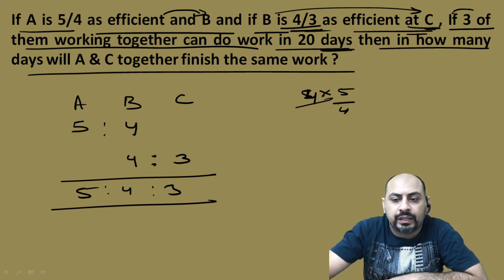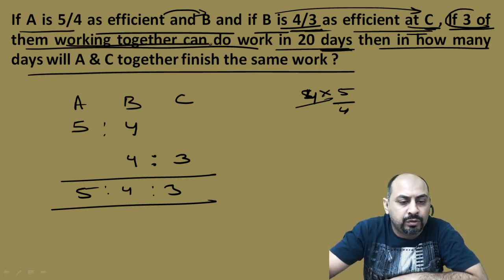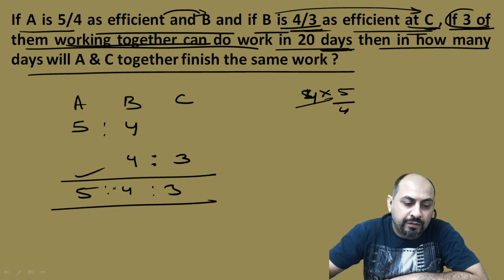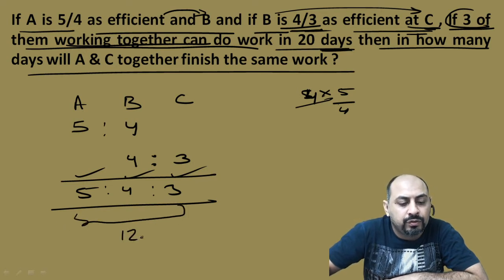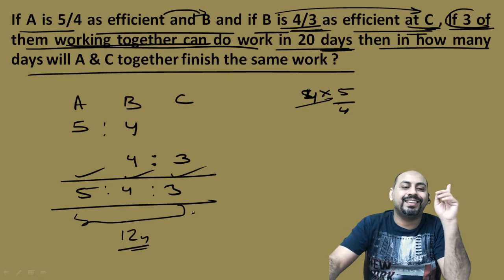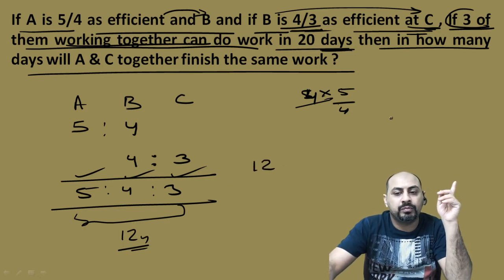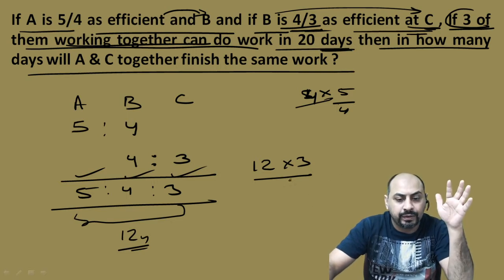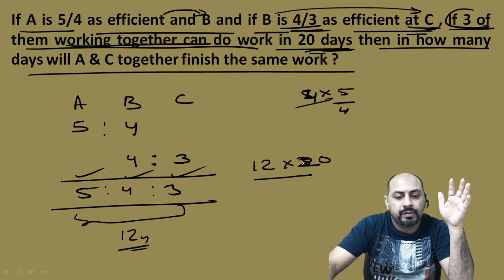It says that if three of them are working together, A is putting in 5 units, B is putting in 4 units, C is putting in 3 units. Put together they have 12 units altogether in one single day. So 12 units being put in, and they can do the same work in how many days? 20 days. So we multiply it by 20.